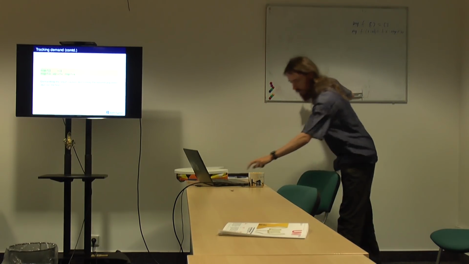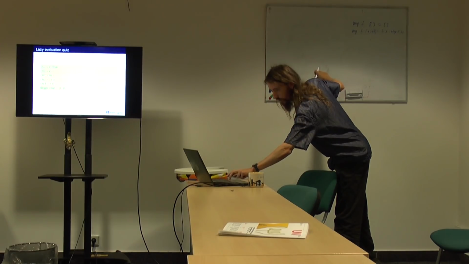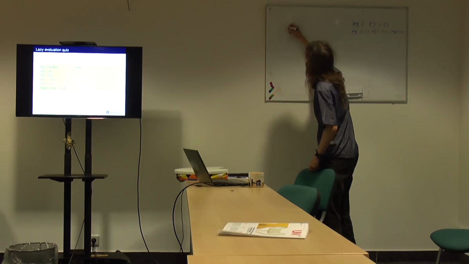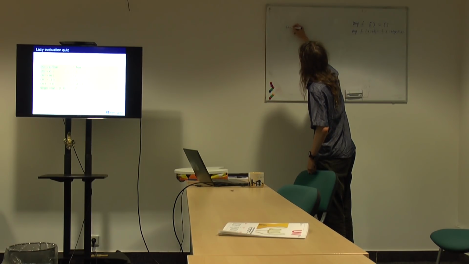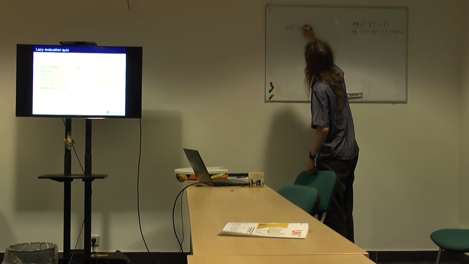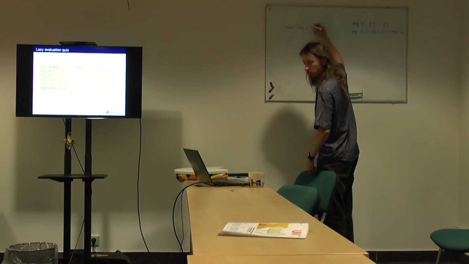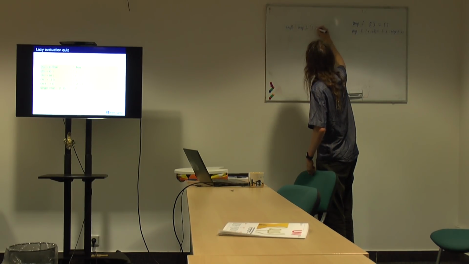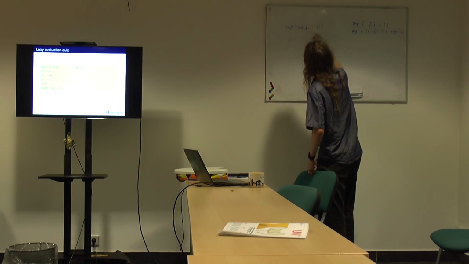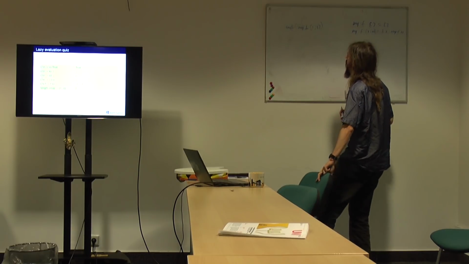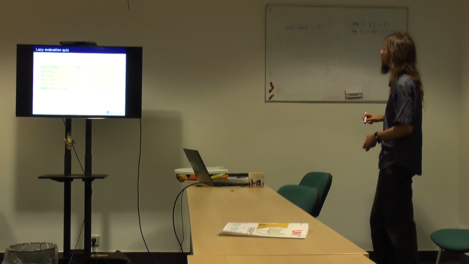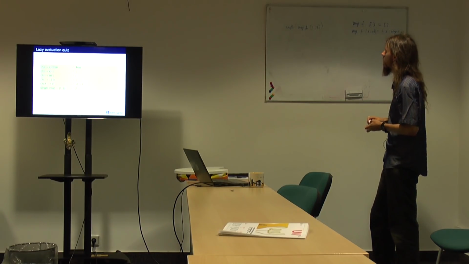So what was the example? It was length of map bottom of 1, 2. Okay, so what's going to drive evaluation first?